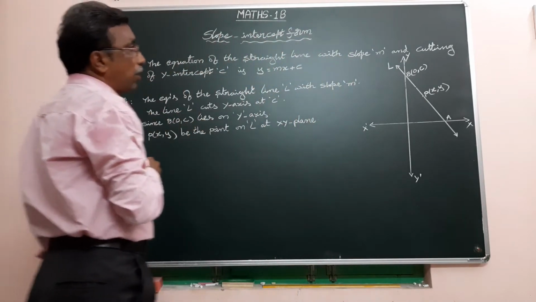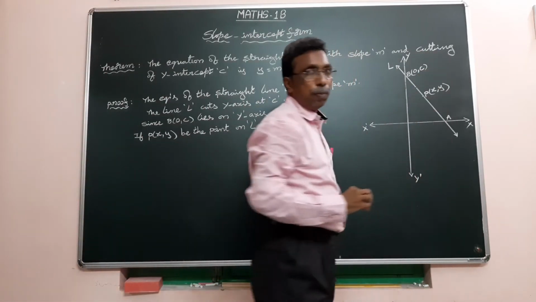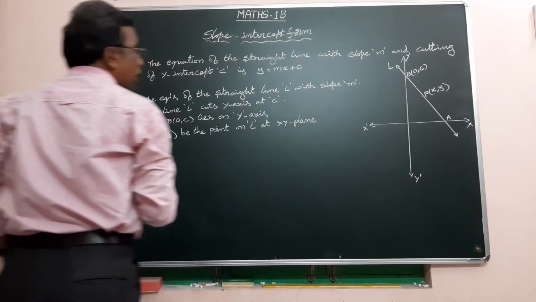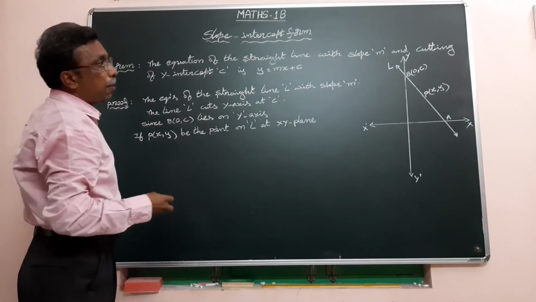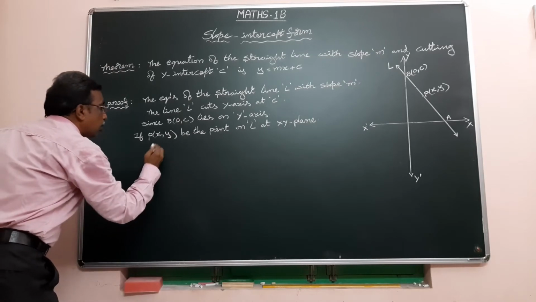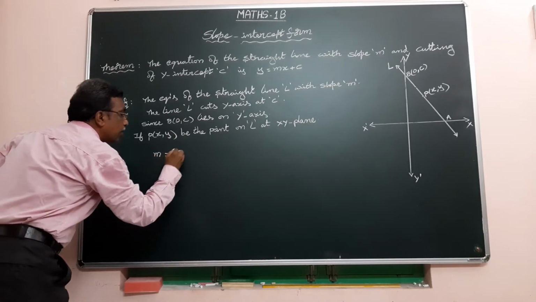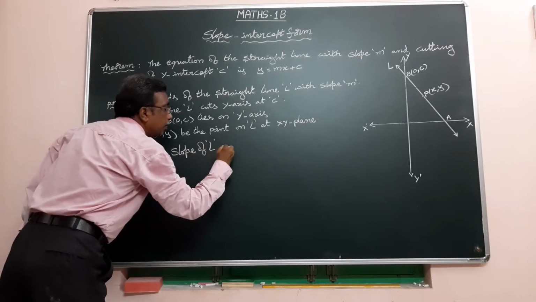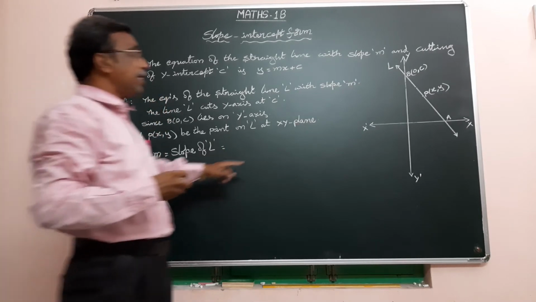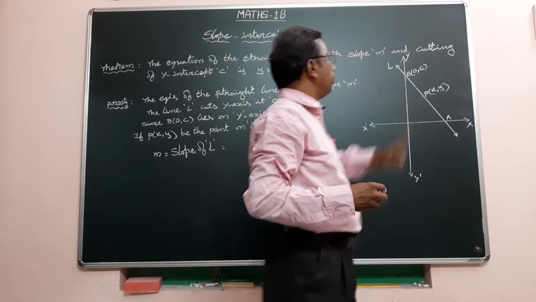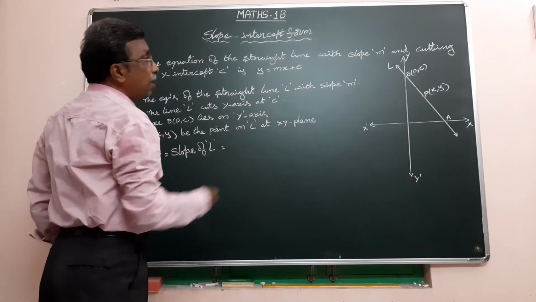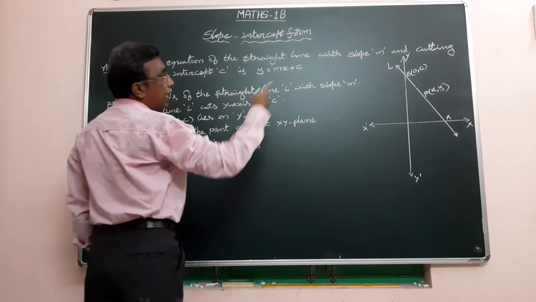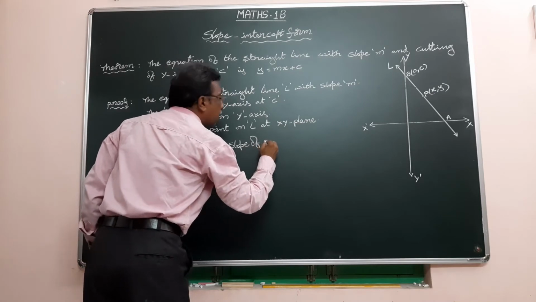Next we find the slope of these two points. The slope of L equals the slope of PB.